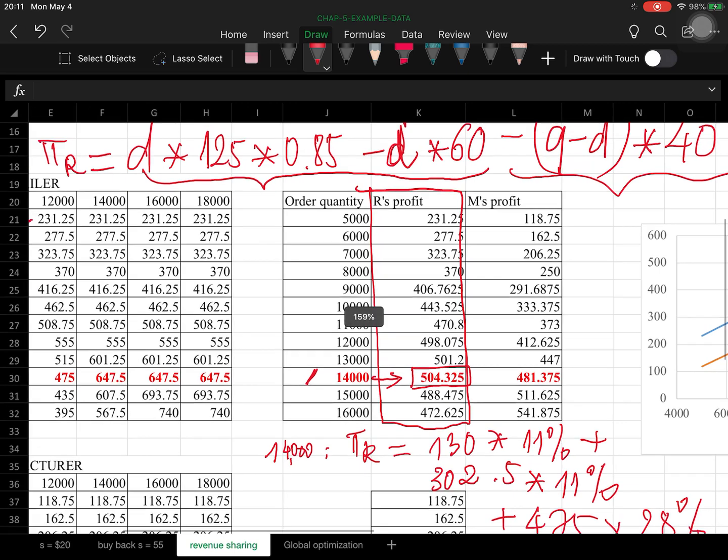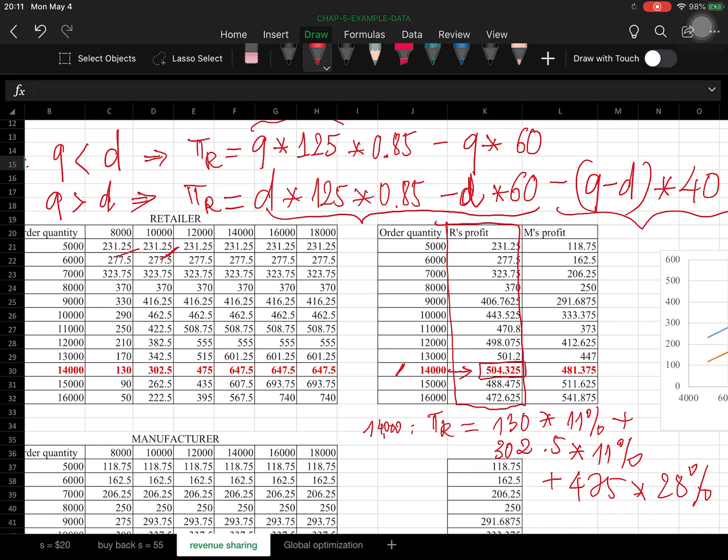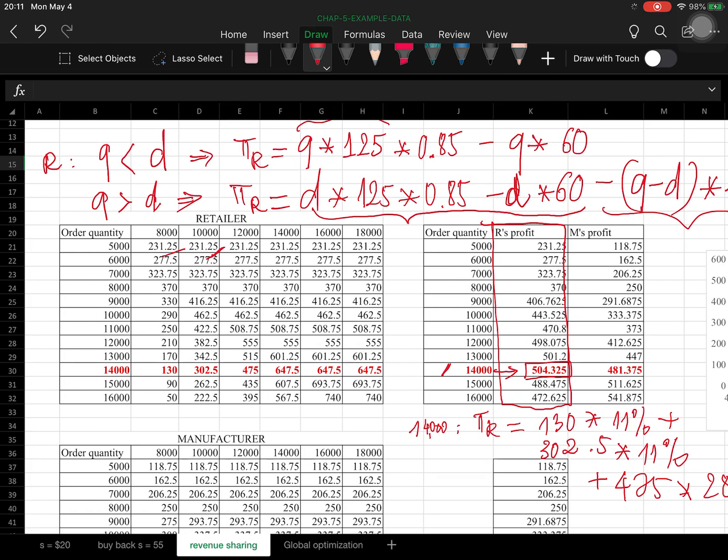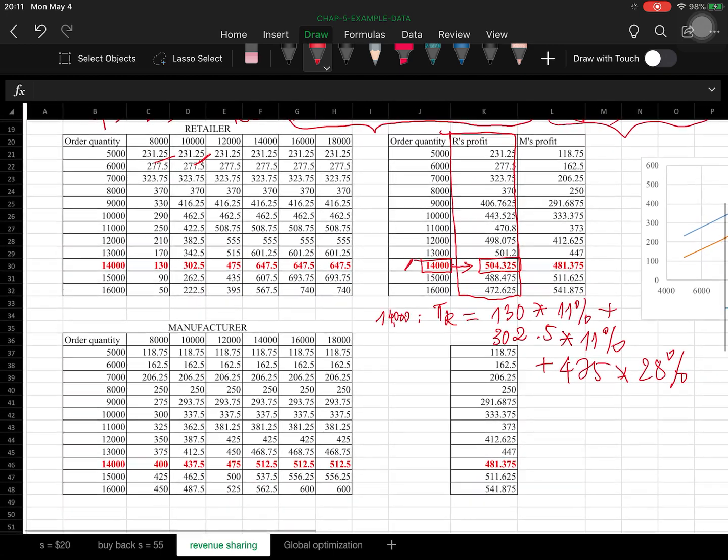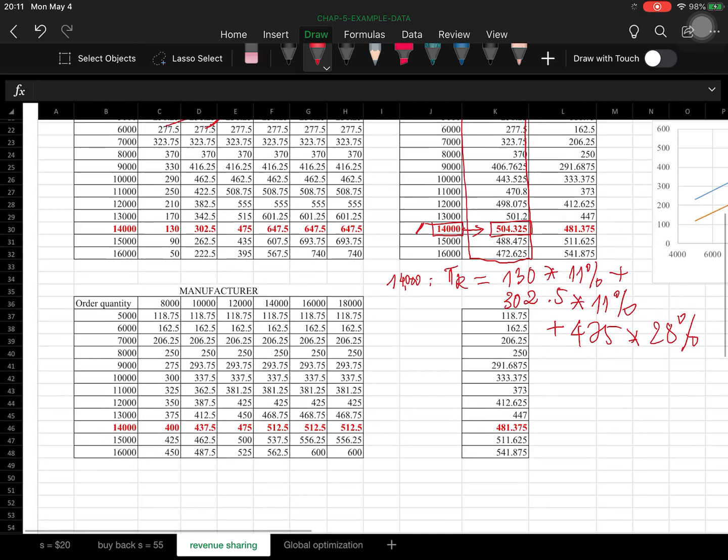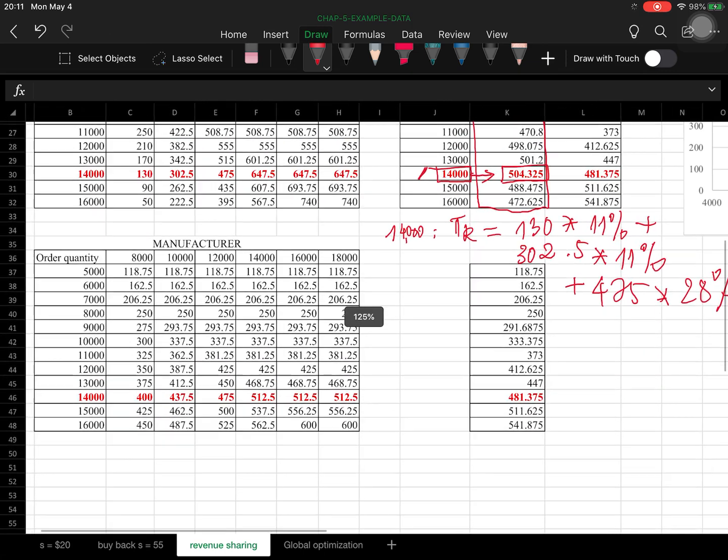When the retailer orders 14,000, what is the profit of the manufacturer? So here, how can we calculate the manufacturer profit?